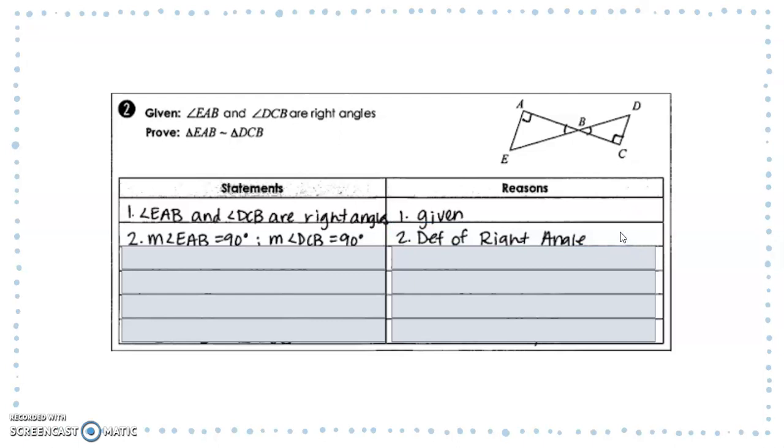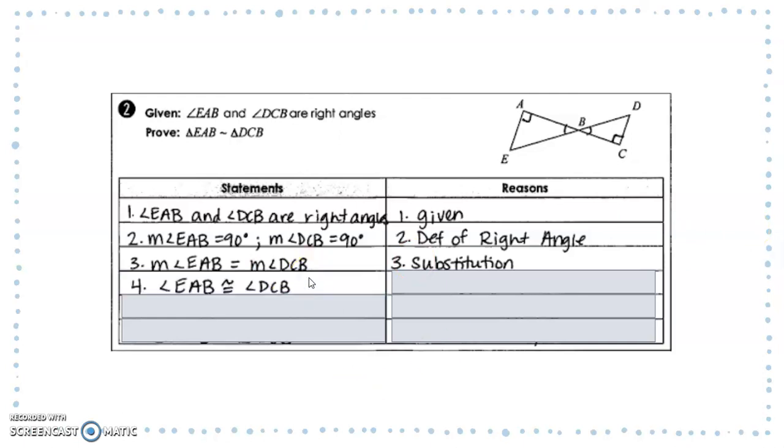The reason we're doing that is so we can do some substitution and say if they both equal 90 degrees, then we can say that those measures are equal to each other. So those angles are equal to each other using substitution. And because of that, since they are equal, we can say that those two angles are congruent using the definition of congruence.